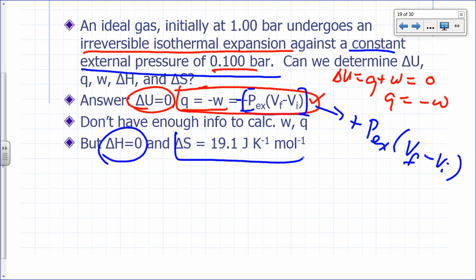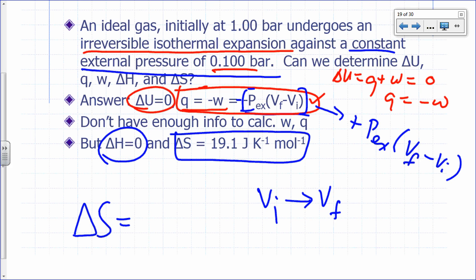How do we calculate delta S? Well, delta S, you just imagine a reversible path that goes from whatever V initial you have to whatever V final you have, right? Isothermal, reversible.